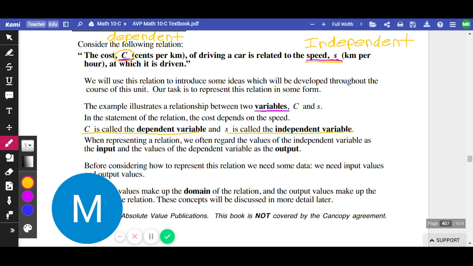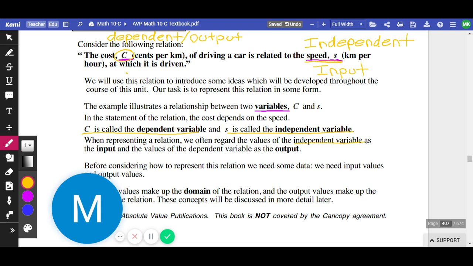Awesome. These two can also be called something else, because why not make it even more confusing? They can be called input and output. Your independent one is your input. Your output is your dependent one. Again, it does say that in your notes right here.